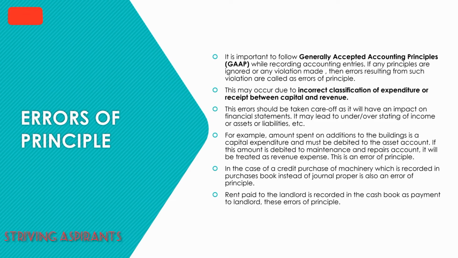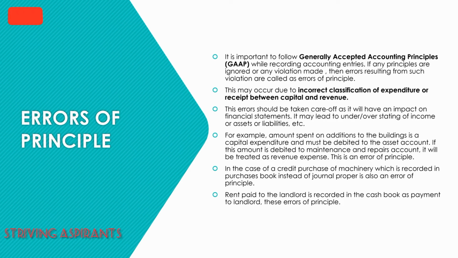An error of principle may occur due to incorrect classification of expenditure or receipt between capital and revenue. So this should be seriously taken care of, because this will affect the financial statements. It may lead to under or overstating of income, assets, liabilities, etc.